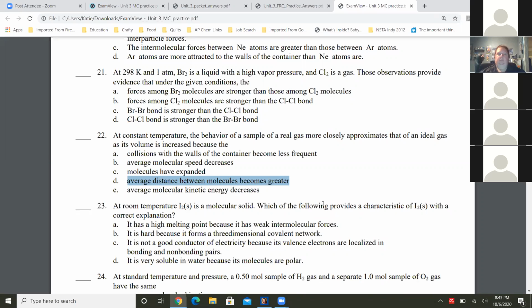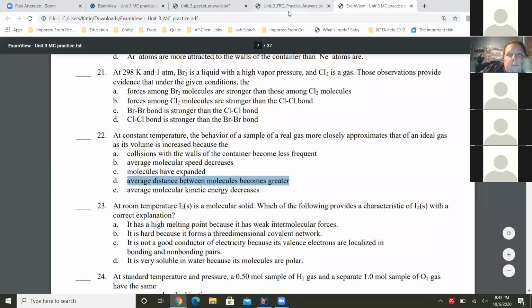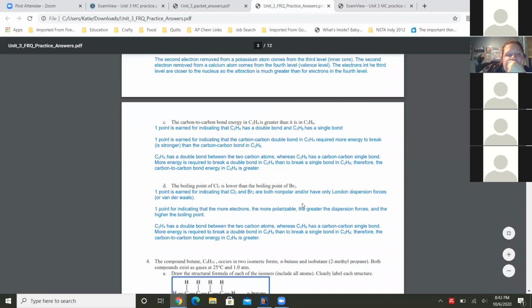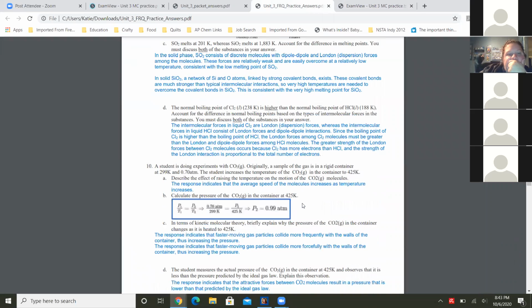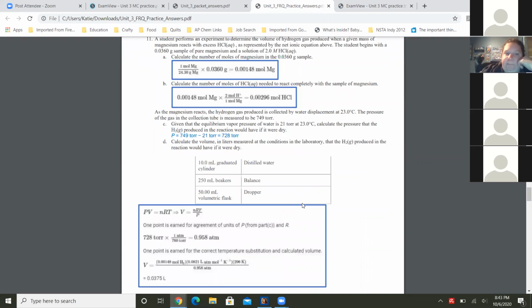I have a question about the free response. Okay. It's number 11. Okay, so it's the second part, and it keeps saying like H2 produced in the reaction would have if it were dry.